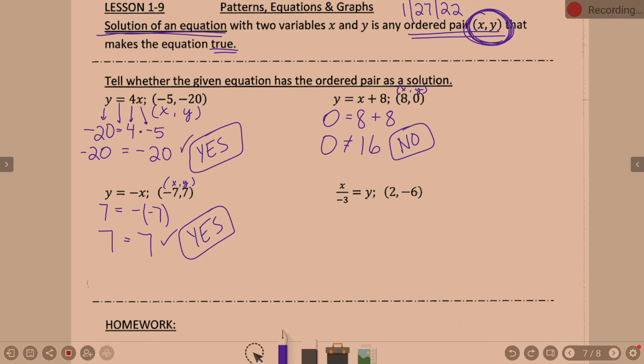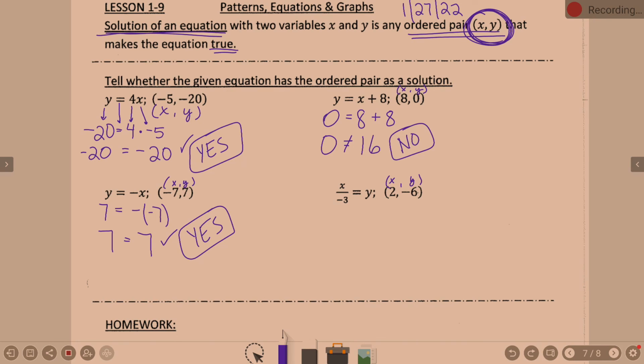Okay, one more. x divided by negative 3 equals y. My ordered pair is 2, negative 6. You guys know what I'm going to do first, aren't I? What do I know about this ordered pair? x, y. It's your alphabet, right? Go alphabetical. So fill it in.